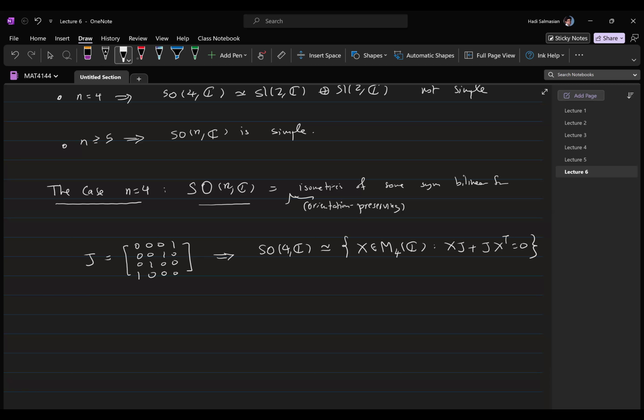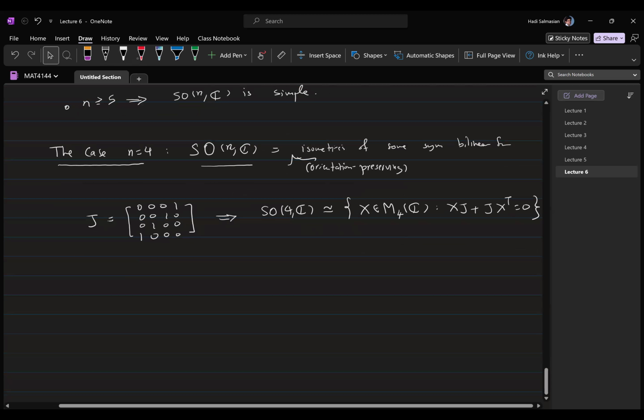Okay? So now, with this form, when you write out what it means for a matrix to satisfy this relation, you can see an explicit form of the matrix.